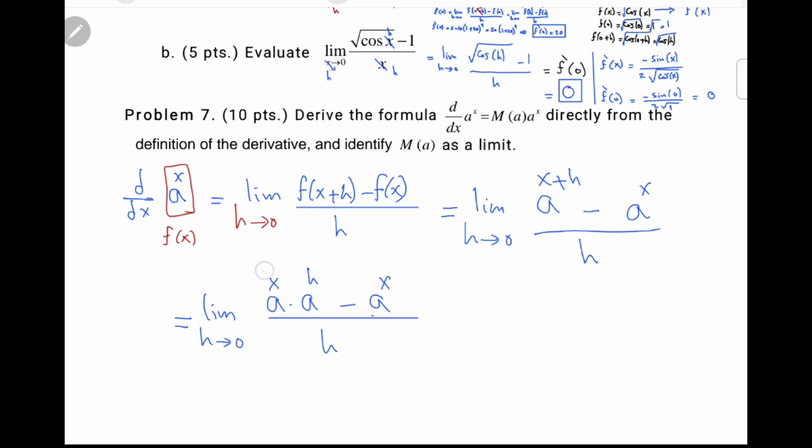Now notice that we have a common factor here. That is an expression of x only, no h, which means that it behaves like a constant with respect to the variable h. So basically I can take it outside of the limit times the limit as h approaches 0, a to the h minus 1 divided by h.